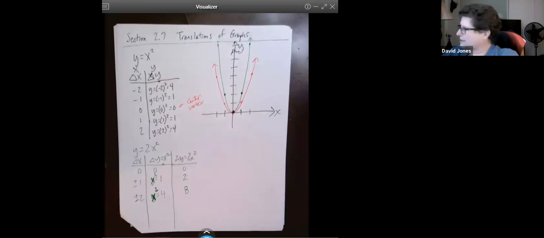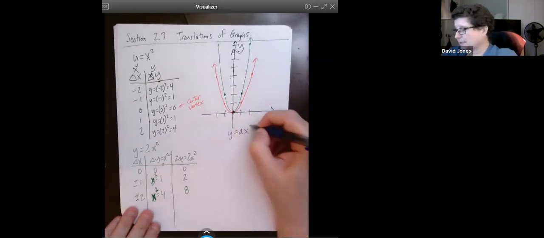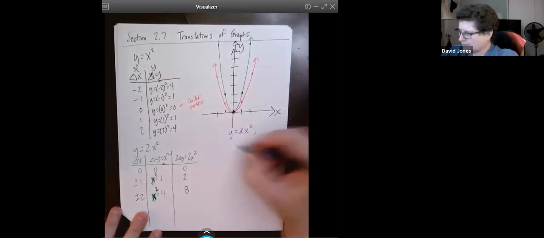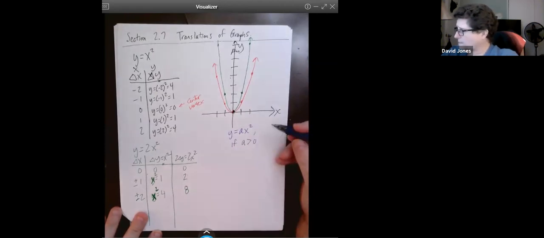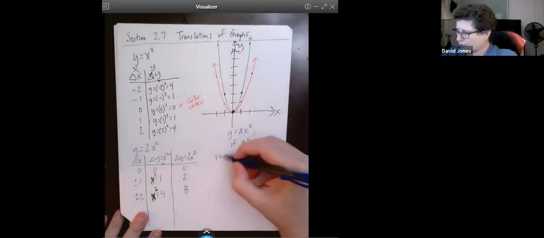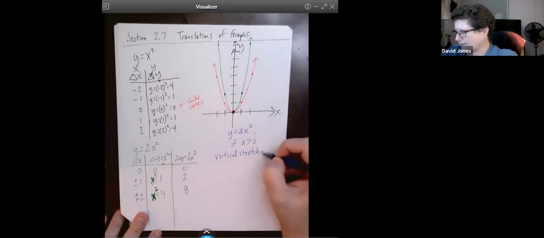There's a couple ways that this is looked at. I used y equals 2x squared, but if we did a general form, y equals a x squared, and if a is greater than 0, we have what's called vertical stretching. That's what happened here.